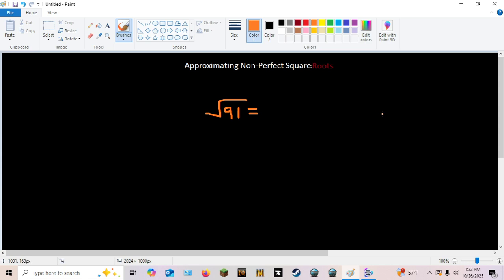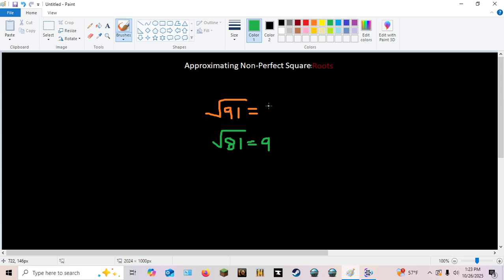So 9 squared is 81. 10 squared is 100. That's too much. So the square root of 81 is equal to 9, right? But our answer is going to be something around 9.